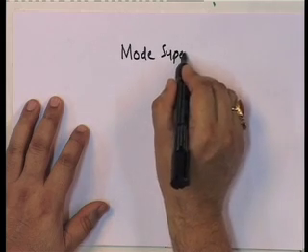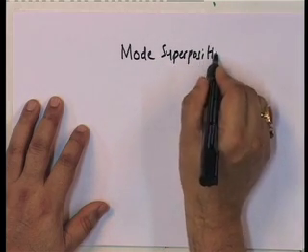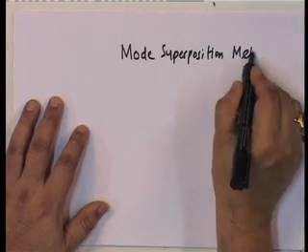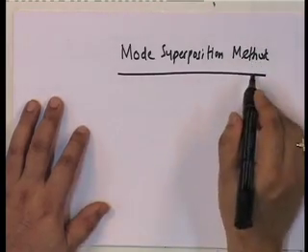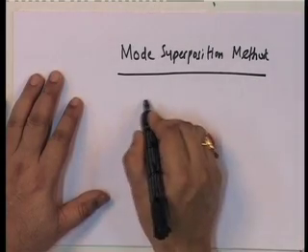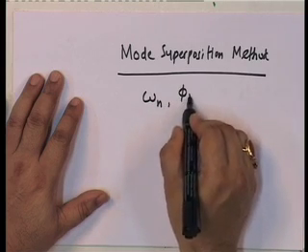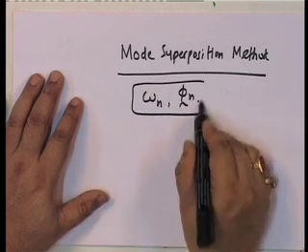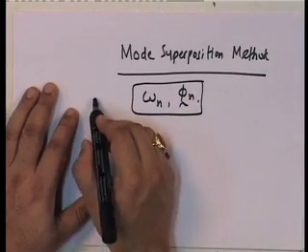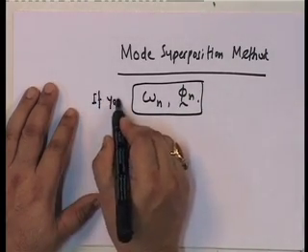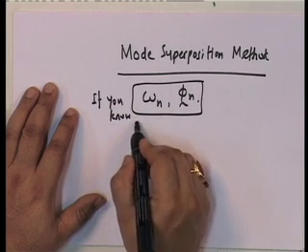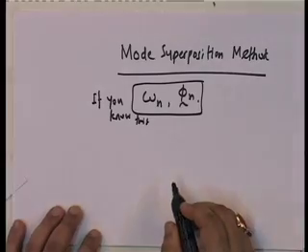What did we do? We talked about mode superposition. And the point that I make is the following, that as long as you know omega n and phi n, the mode superposition method is the only way to go.